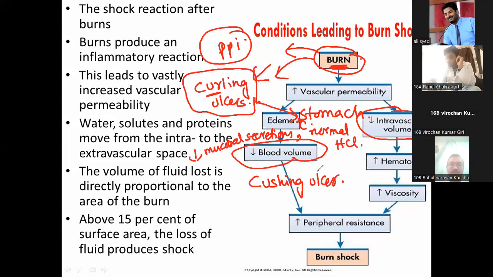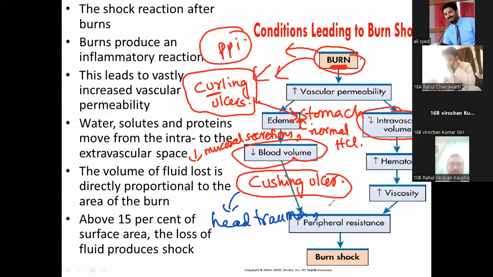Second, what is Cushing ulcer? So patients with Cushing ulcers, please remember, you are going to see in patients with head trauma or raised intracranial pressure. Head trauma or raised intracranial pressure will lead to the activation of your vagus nerve.